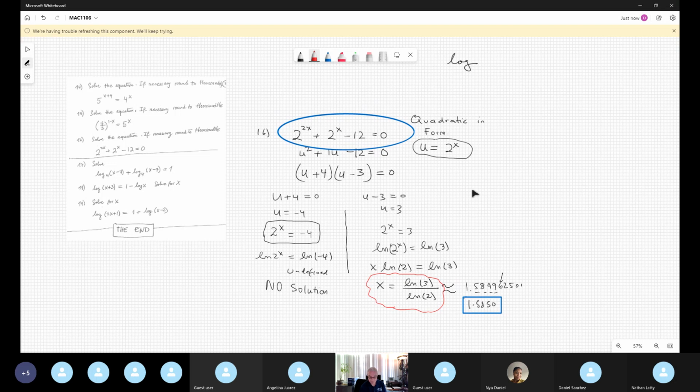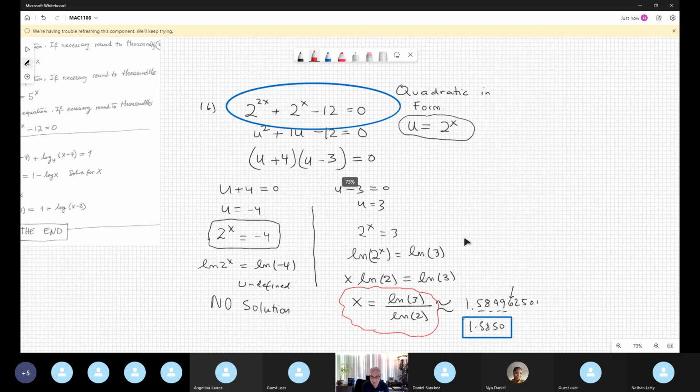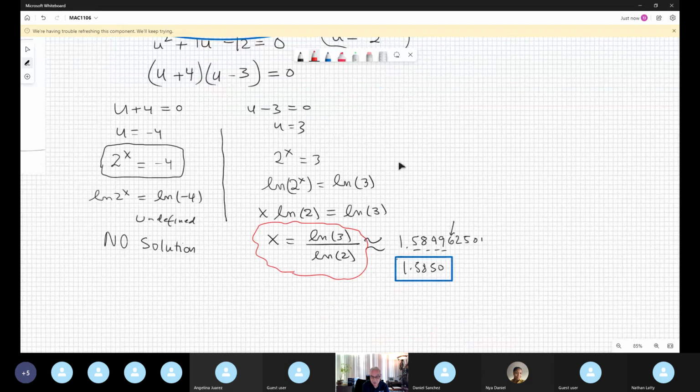Everything okay now? Professor, and the answer is 1.5850 after rounding it off? Well, no, because I need one answer that contains 4 decimal places. So if the last digit is 0, you copy.